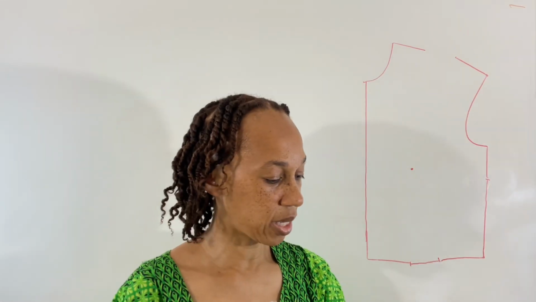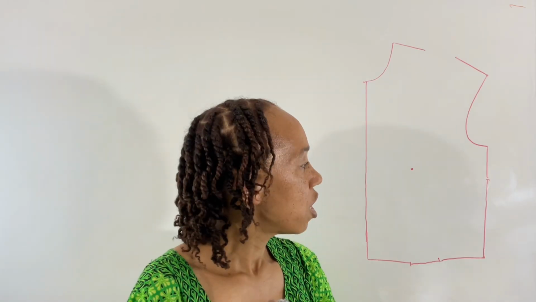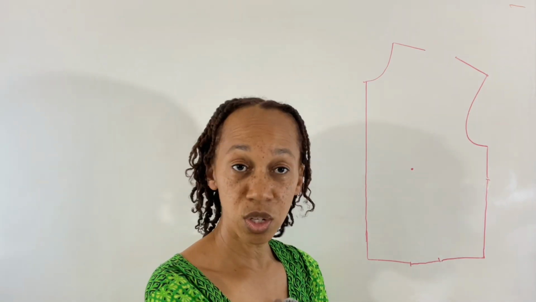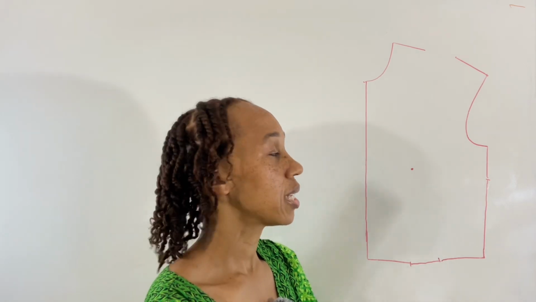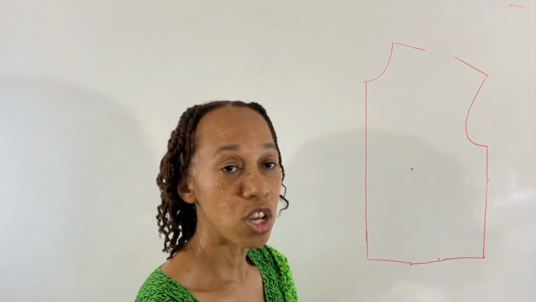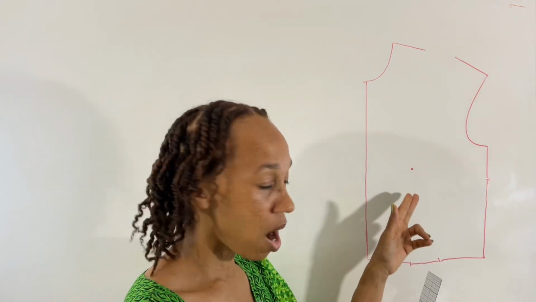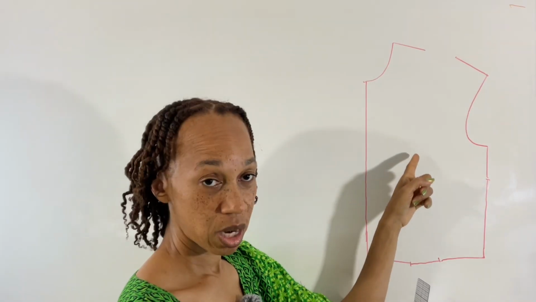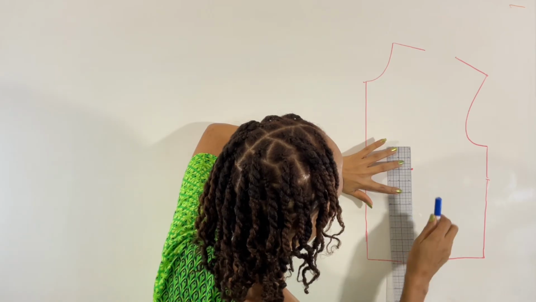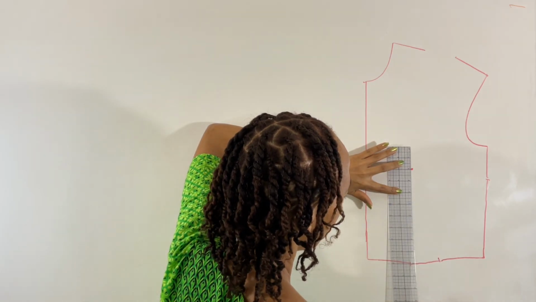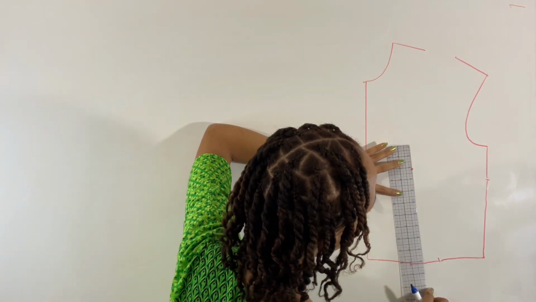What you're going to do next, you are going to create your bust point. And in order to create the bust point, you must remember that the bust point is literally 3/4 of an inch above the dart point. So the end of the dart point, you are going to go up your 3/4 of an inch, and you are going to have your bust point.